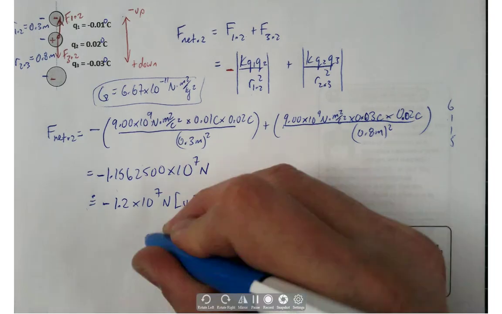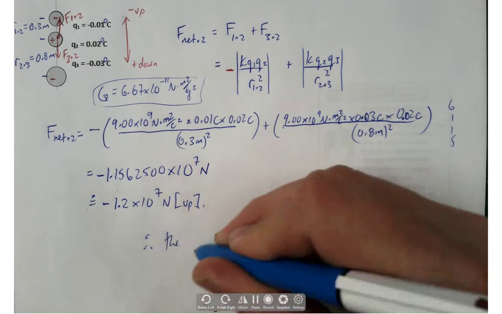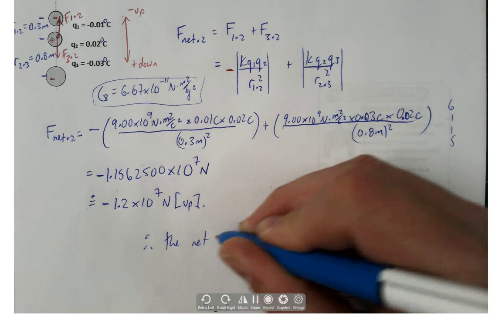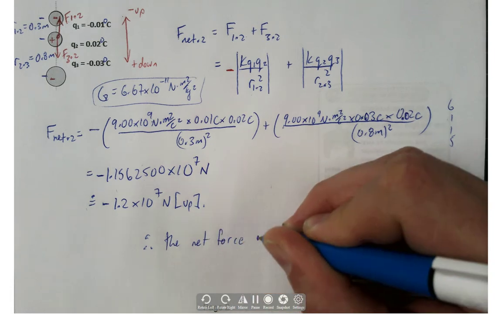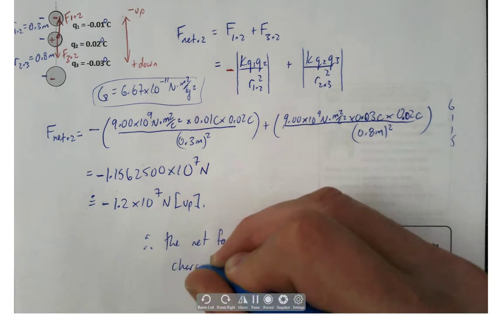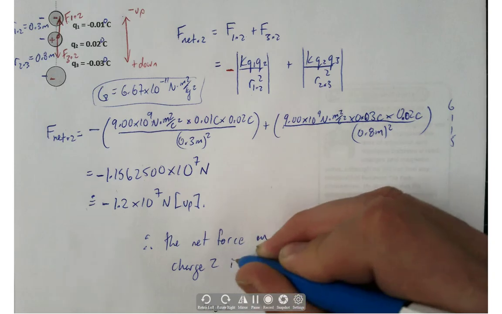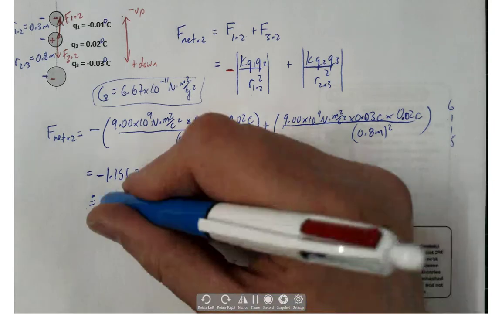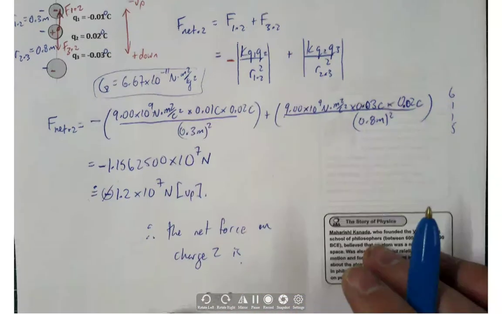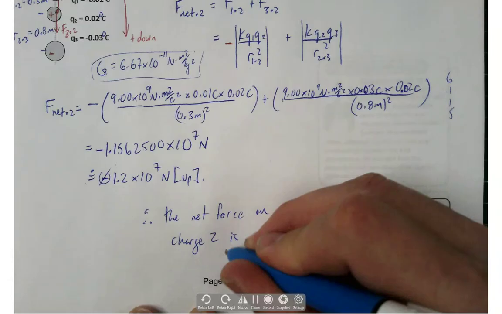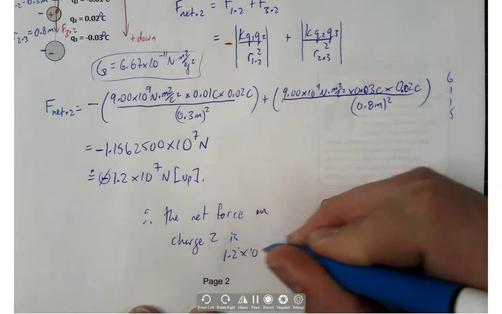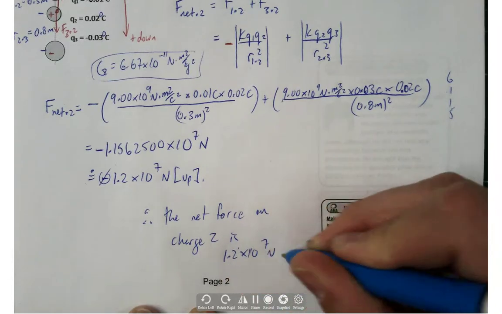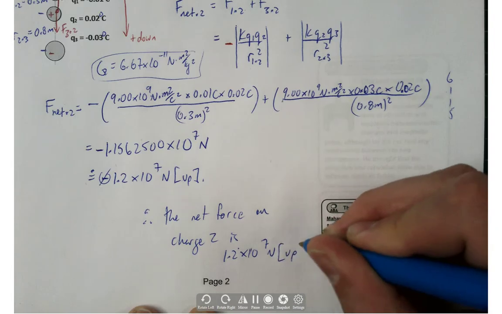Therefore, the net force on charge 2 is 1.2 times 10 to the power of 7 newtons up. I can't put the negative as well because that's redundant.